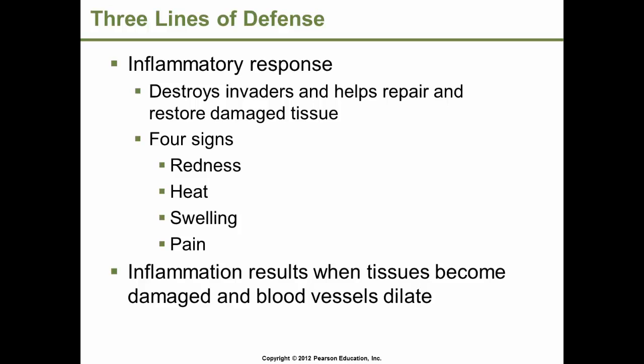Inflammatory response. It destroys invaders and helps repair and restore damaged tissues. There's basically 4 signs: redness, heat, swelling, and pain. Inflammation results when tissues become damaged and blood vessels dilate.